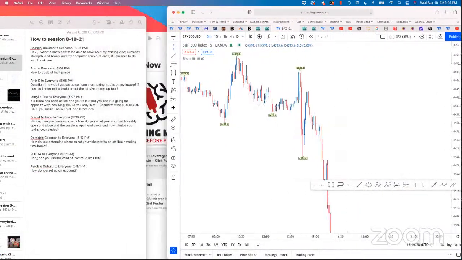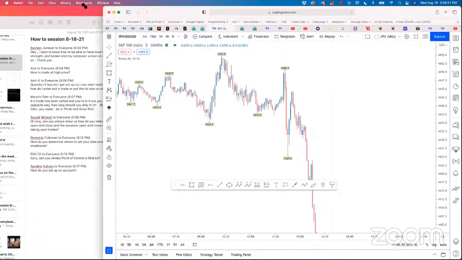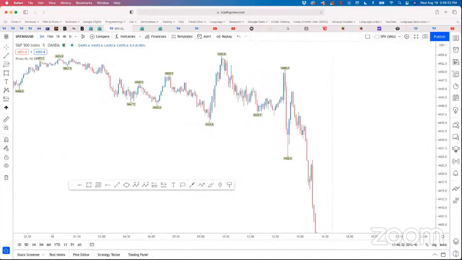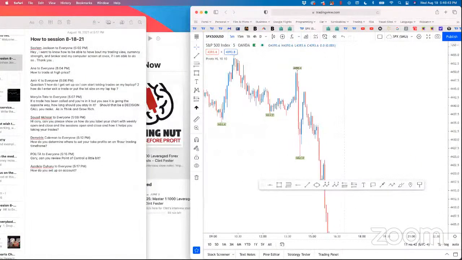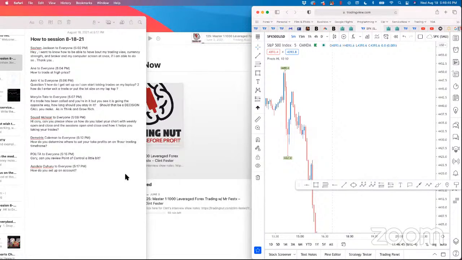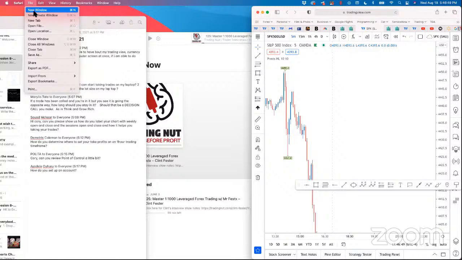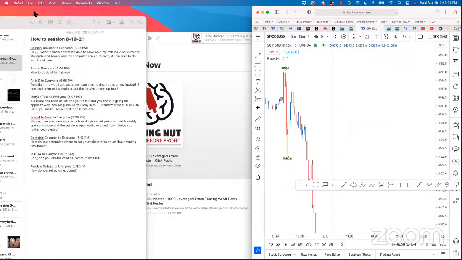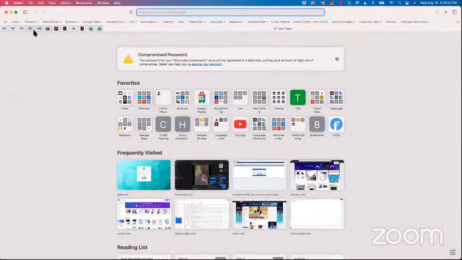I guess so. I don't think there's a way you can do it within TradingView. The only thing I can think of is just open multiple windows and manage it like this.